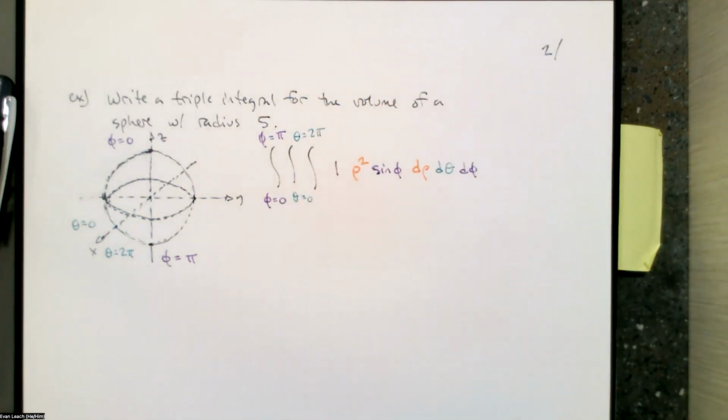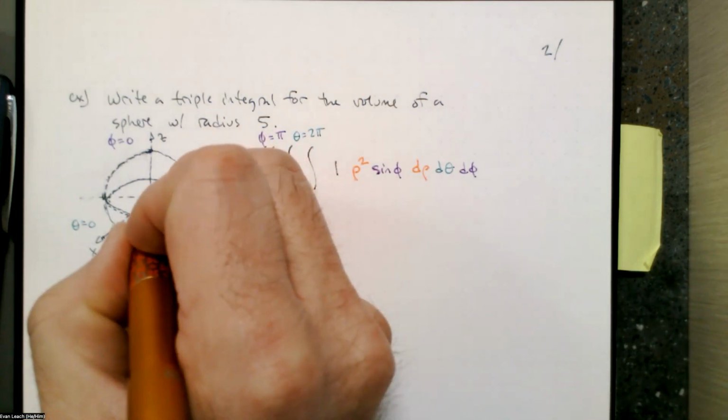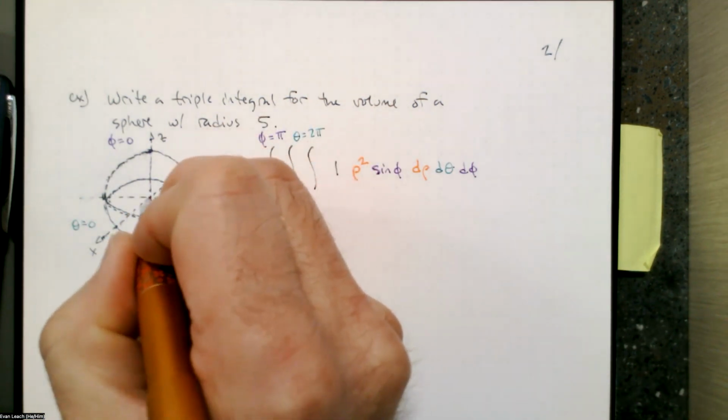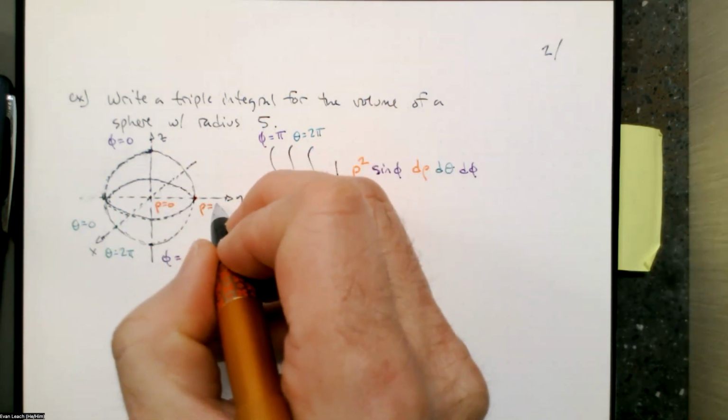That gives us all the way around the circle. And I want to go from the center of the sphere, where rho is equal to 0, all the way out to the outer surface of the sphere, where rho is equal to 5.